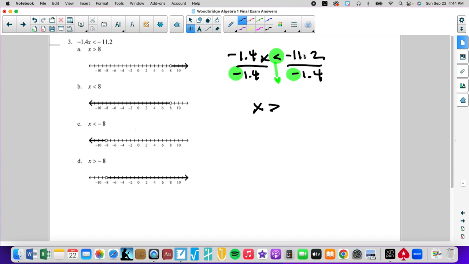And then -11.2 divided by -1.4 is +8. So here's my number line. Here's my solution. x is going to be greater than, so I am not going to include my boundary, and I need values that are greater than. So I'm looking for an open circle at 8 going to the right. That is A.